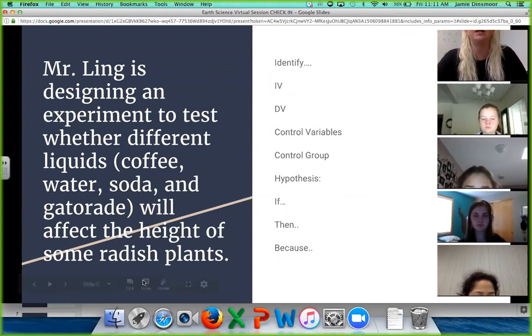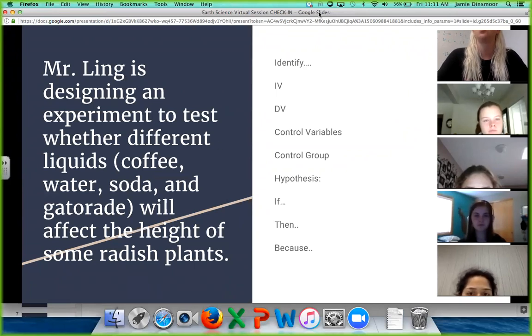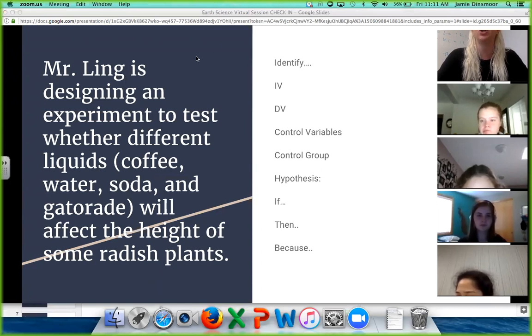So we'll start with our independent variable. Would anyone like to suggest in the chat what Mr. Ling's independent variable could be here? What is he as a scientist changing?